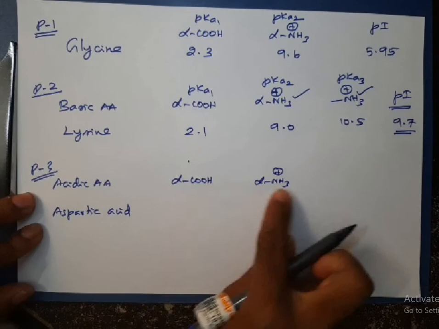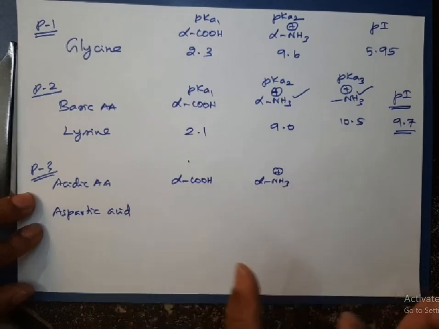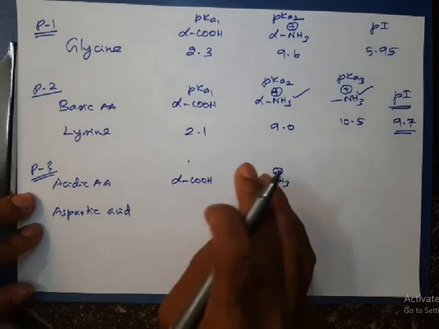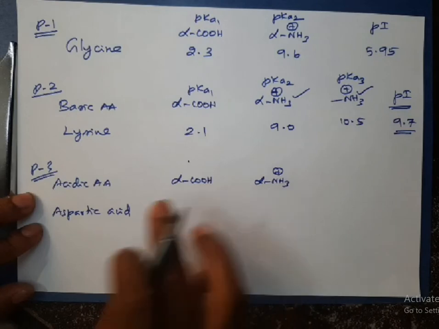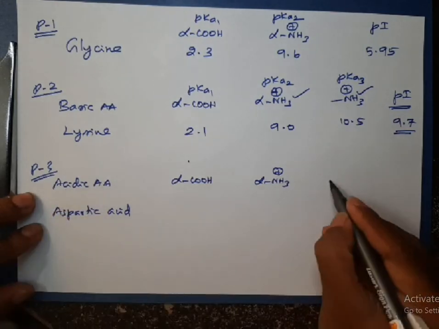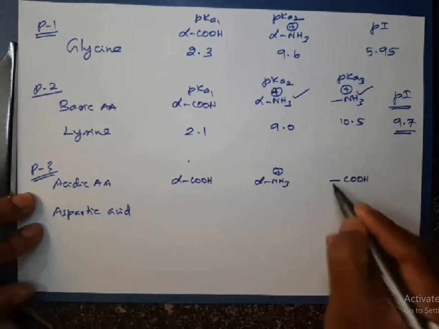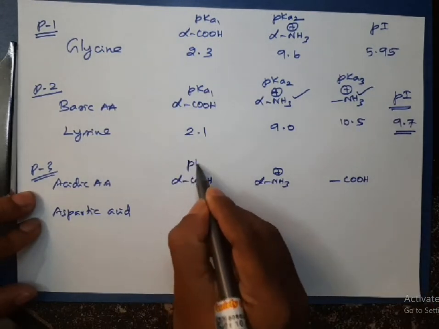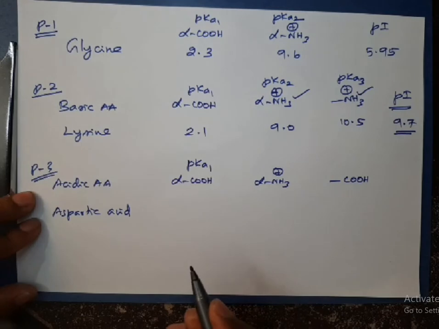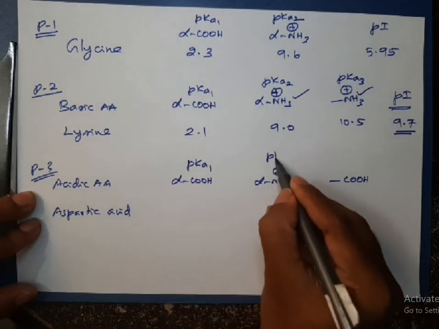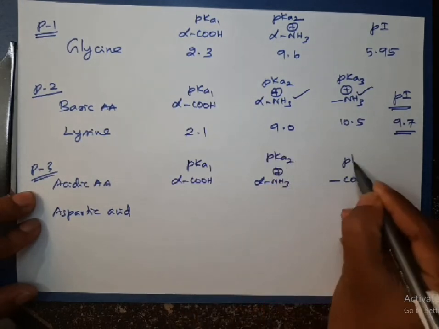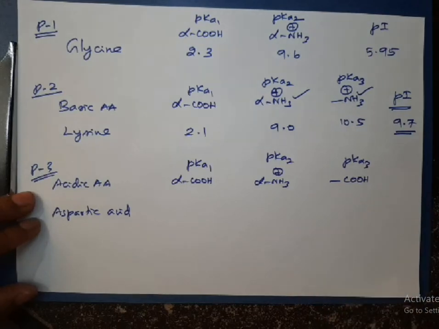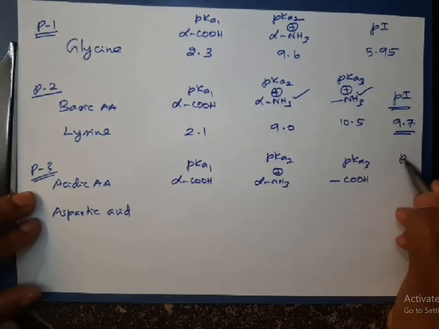Amino group and acid group, these two must be present. Apart from that, in the case of an acidic amino acid, we have one more COOH group in the side chain, right? The pKa value for this I'll give as pKa1, this is pKa2, the usual notation, and this is pKa3. Can you tell me what is the isoelectric point now?